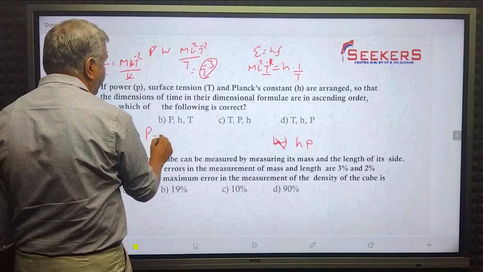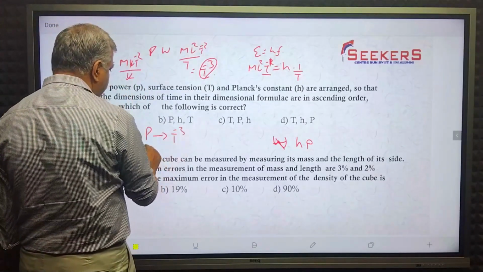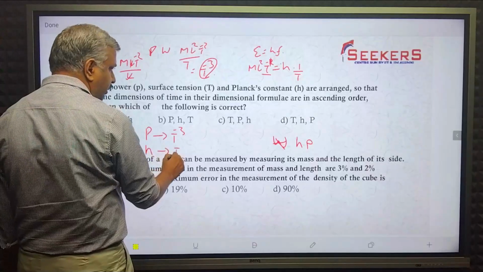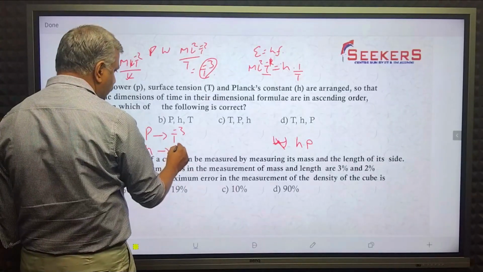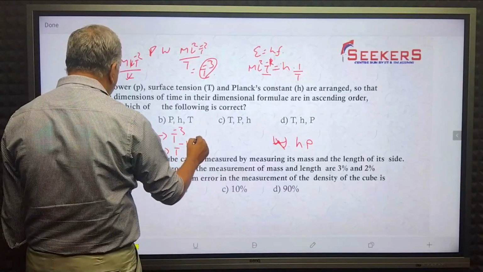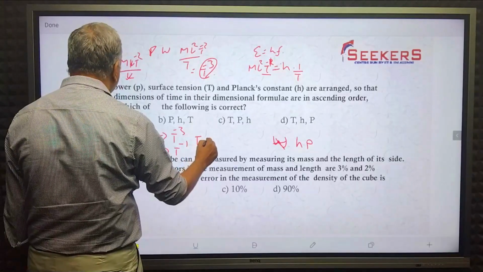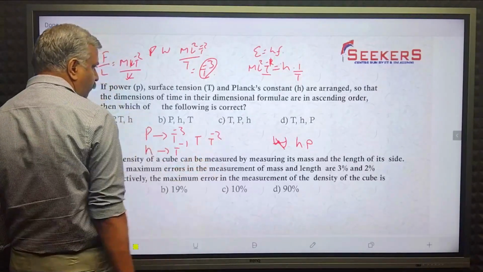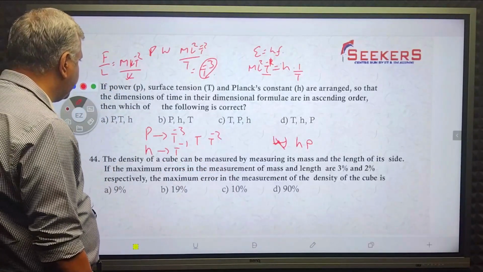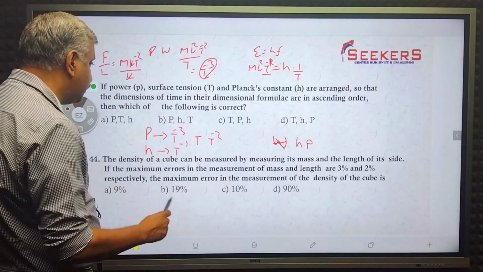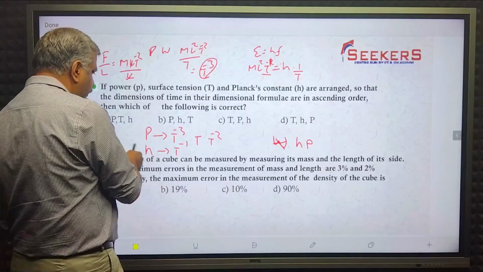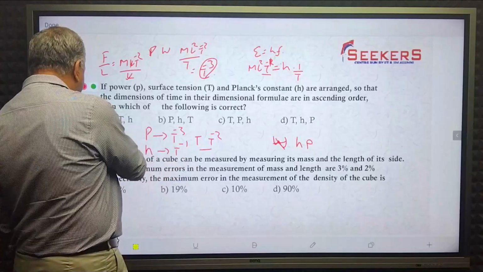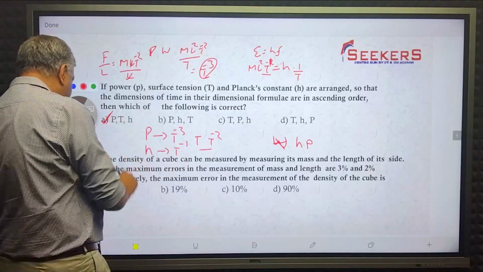So power has T power minus 3, Planck's constant has T power minus 1 and surface tension has T power minus 2. So if I have to arrange these in ascending order, meaning increasing order, power should be first, followed by this, followed by this. So option A should be the right one.